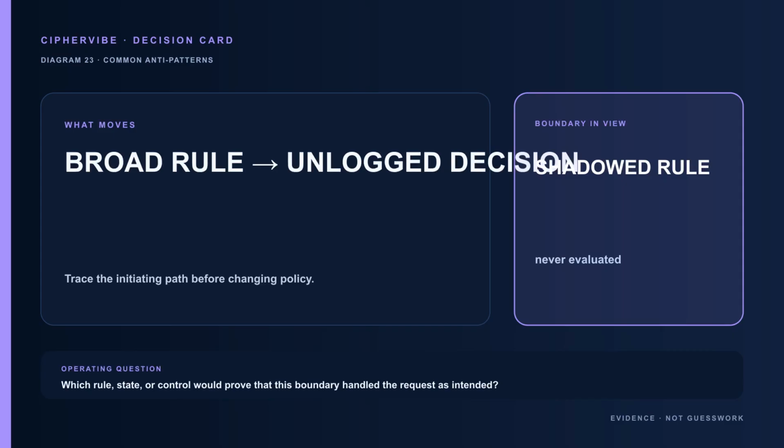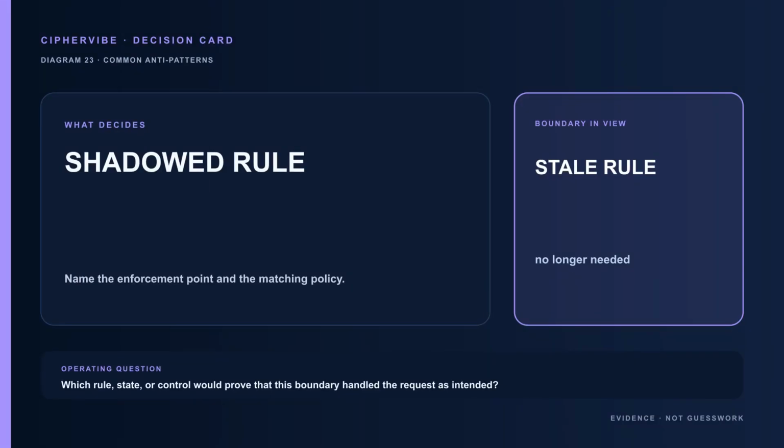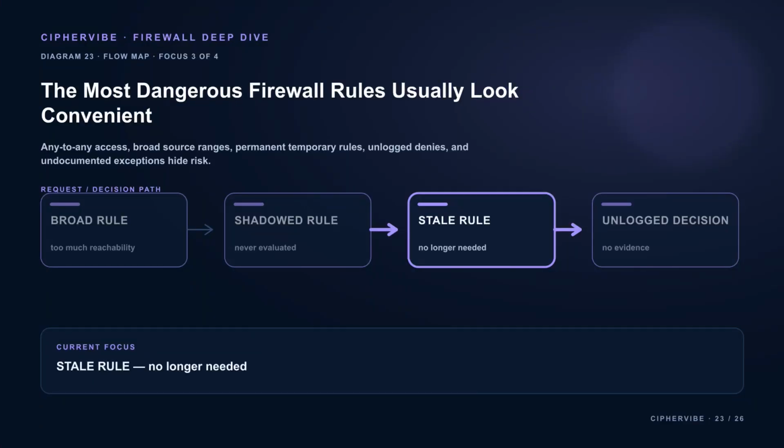Firewall failures are often ordinary configuration debt. The anti-patterns repeat: a broad source or destination because inventory was missing, an any-service allow because a project deadline was close, a temporary exception with no expiry, a rule below a broader shadowing rule, an unused rule retained just in case, a deny policy with no useful telemetry, and a management path open from the wrong zone. These do not require advanced attackers.